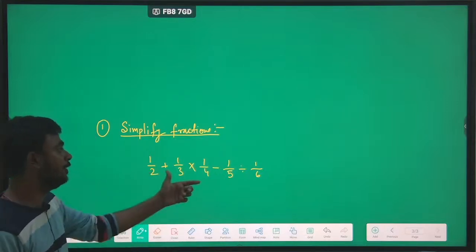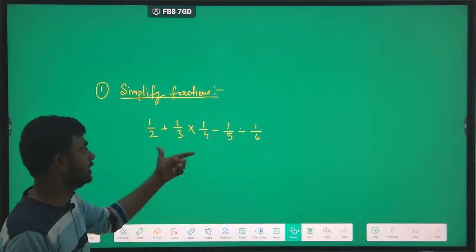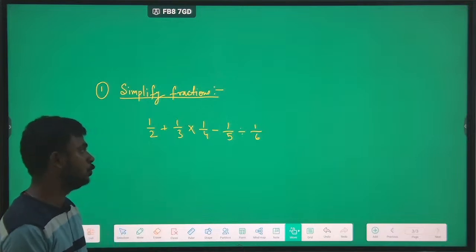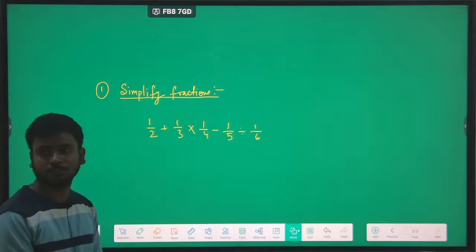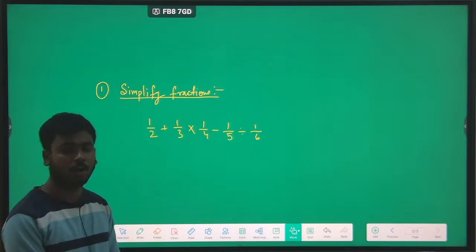So what will we do? Because it is a type of mixed problem, how can we solve this type of question? Do you know? You can do it. How?